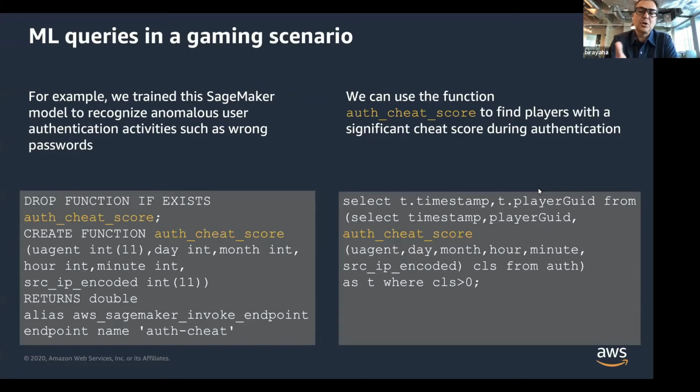Now, in order to filter that, what we did basically, we created a classification so that the results of this request will be in a new column called classification, CLS, and we are basically filtering all the classifications that are greater than 0. Now, this is a particular case, right?